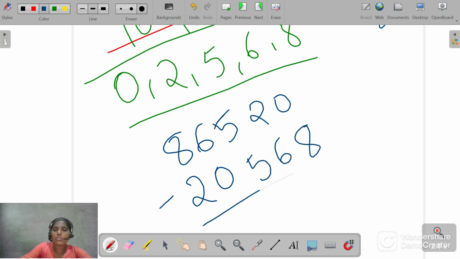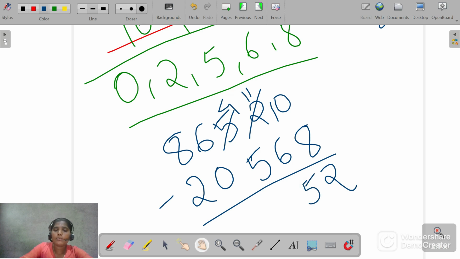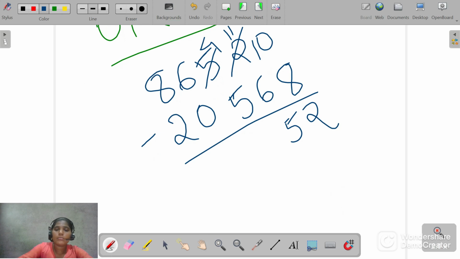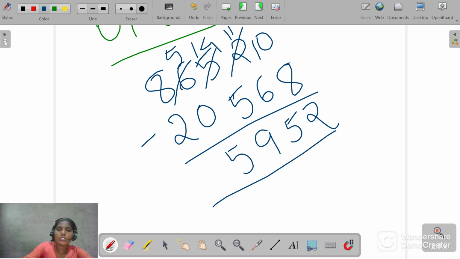So now we have to solve this question. We'll get the answer. This will be 10 minus 8, it's 2. This is 4. 11. 11 minus 6, it's 5. So this will become 5. 14 minus 5, it's 9. 5 minus 0, it's 5. 8 minus 2, it's 6.